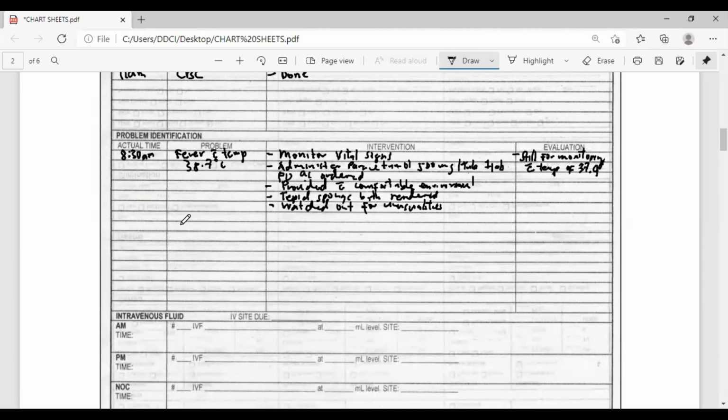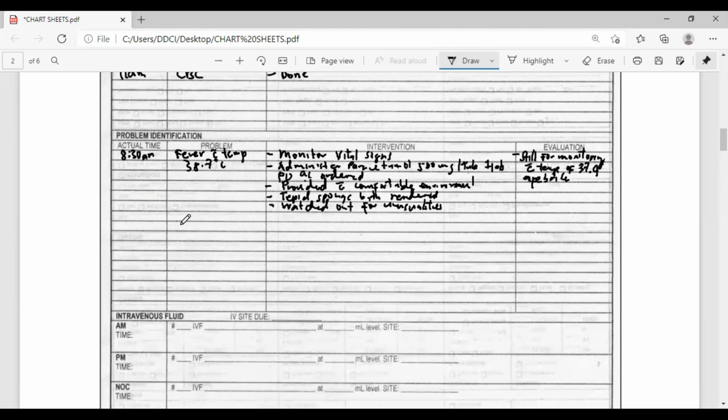Okay, so afebrile. Okay, then if that's the only problem for the patient, then you can leave it like that, so that another shift will continue the nurse's notes.